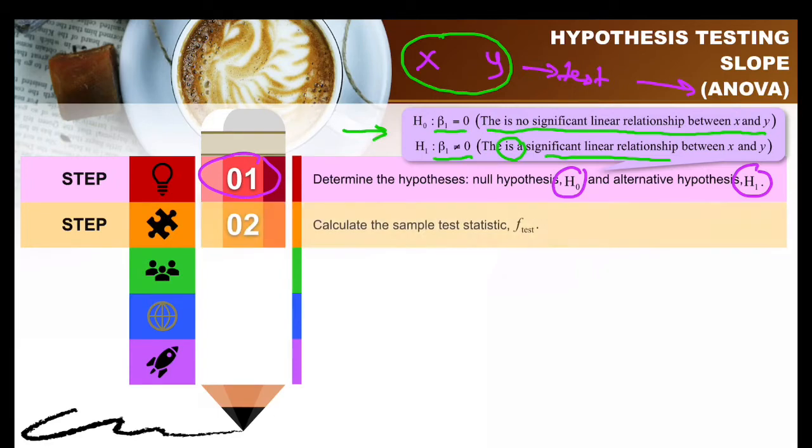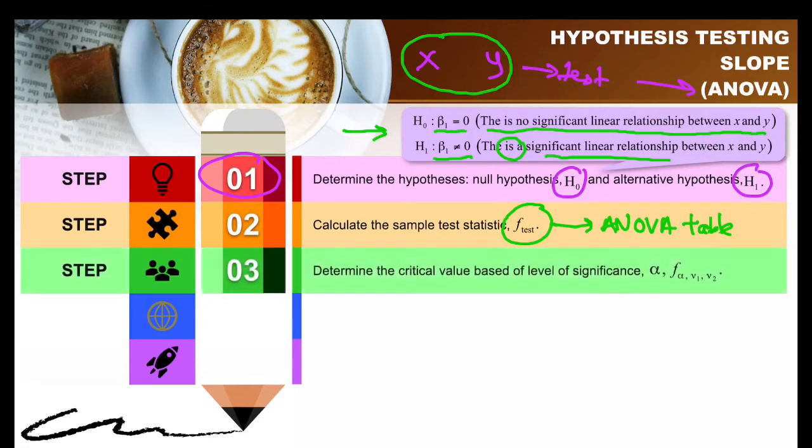Step number 2 is your test statistic. The test statistic in the linearity test is the F test. We will calculate the F test using an ANOVA table, so we will construct an ANOVA table. Step number 3 is the critical value: F alpha, nu1 and nu2.